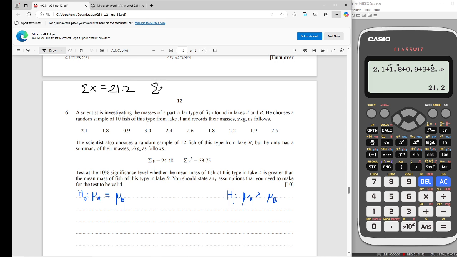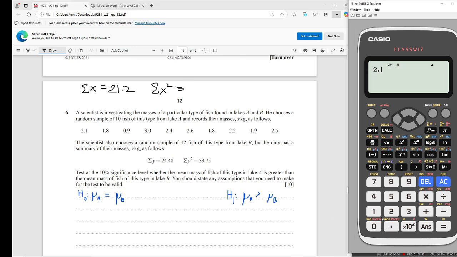Next you're going to have sum of x squared. This is following the same procedure except we square everything. So it's going to be 2.1 squared plus 1.8 squared plus 0.9 squared plus 3 squared, 0.4 squared, 1 squared plus 2.5 squared, so that is equal to 47.92.